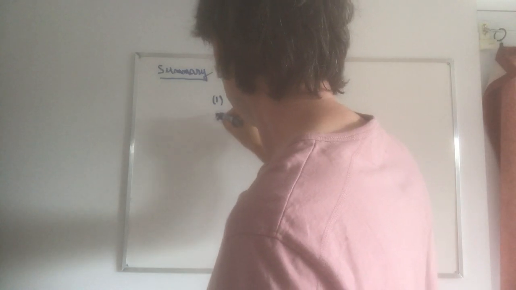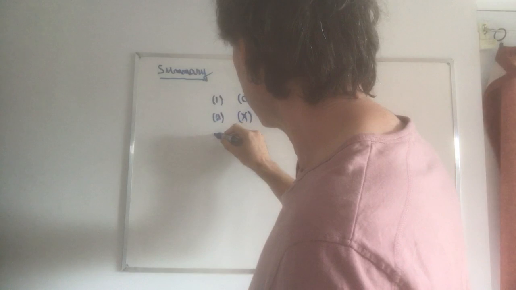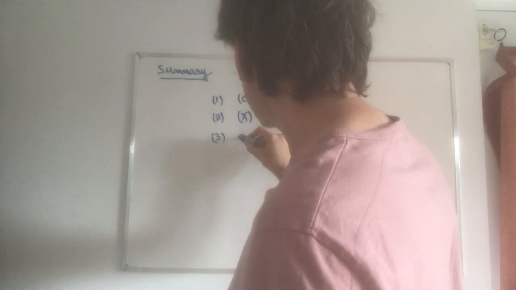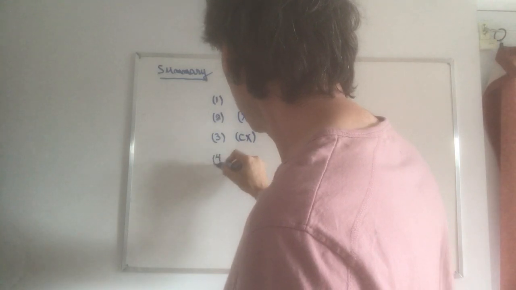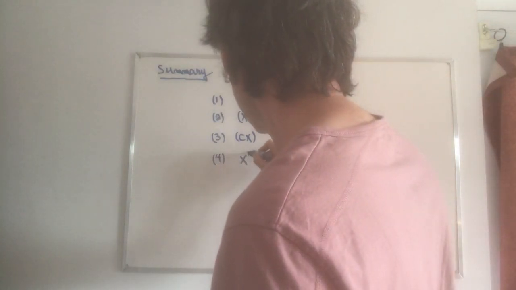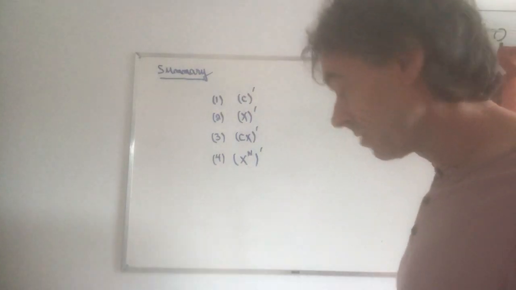Rule 1, the derivative of a constant. Rule 2, the derivative of x. We're starting to know these, right? I think we're starting to get a feel for at least the first couple. So x to the n. So these were the first 4.